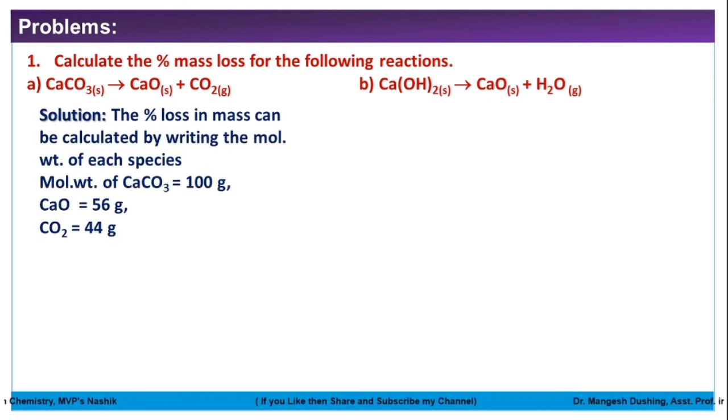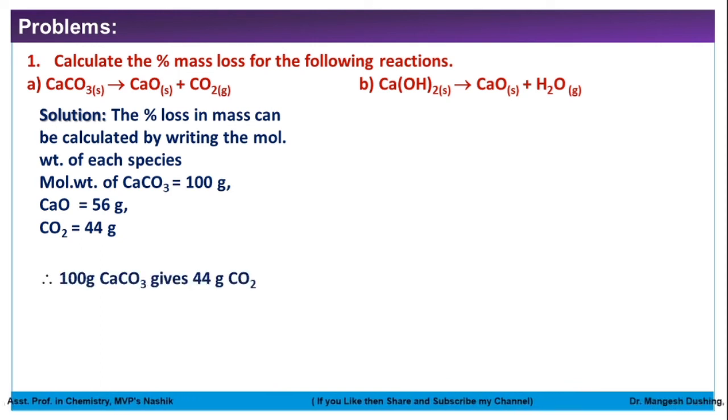The percentage loss in mass can be calculated by writing the molecular weight of each species. There are three species in the first reaction. Calcium carbonate, suppose that is 100 gram, its molecular weight is 100. CaO molecular weight is 56, so that is 56 gram. CO2 molecular weight is 44, that is 44 gram.